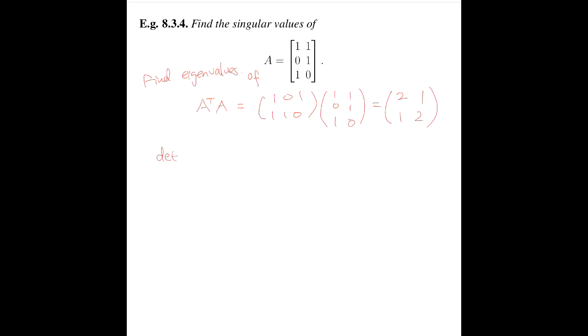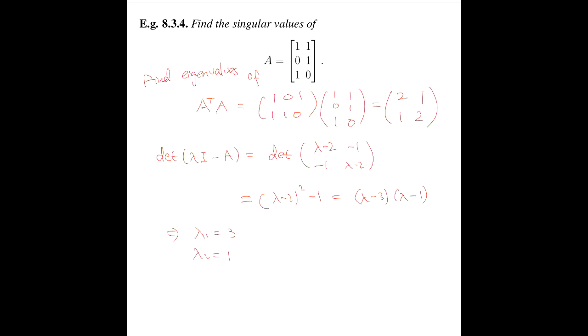To find the eigenvalues, this is just the determinant of [lambda minus 2, minus 1; minus 1, lambda minus 2], which is (lambda minus 2) squared minus 1, which is (lambda minus 3)(lambda minus 1). So from here we can see the two eigenvalues are 3 and 1.